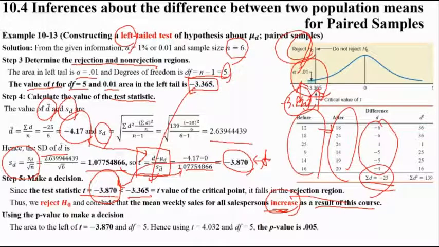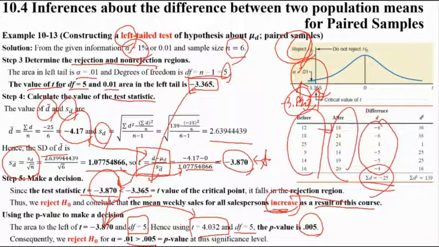So using this value and the degree of freedom, we find a close number, which is positive 4.032 at this degree of freedom. When you calculate the p value, it is about 0.005, like 0.5%. So compare the significance level 1%. So 1% is bigger than this p value, right? So that's why we reject too.